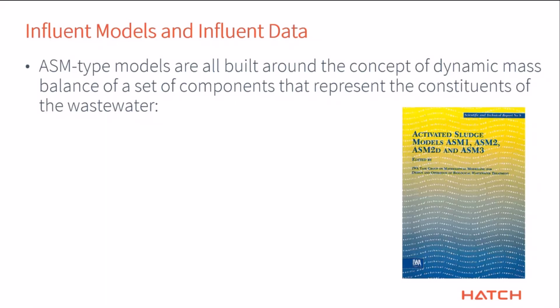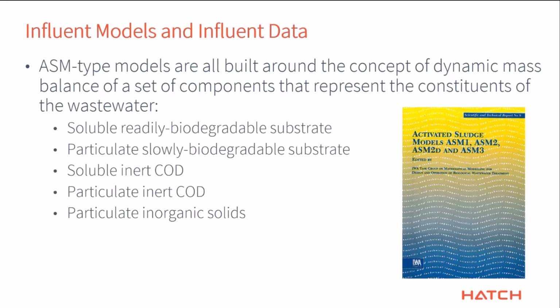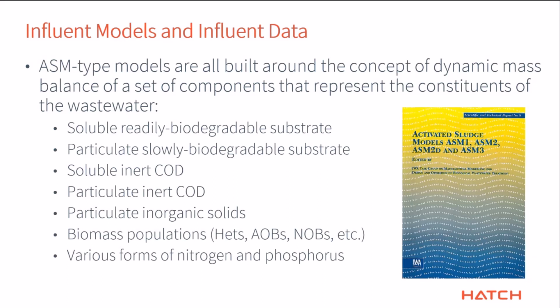So this is the individual types of COD, nitrogen and phosphorus that I've mentioned before, and there are a very wide number of these. If I just pick the very simplest model of all, ASM1, it has 13 state variables that are made up of COD and nitrogen only. There's no phosphorus in ASM1, and then also an inert state variable.